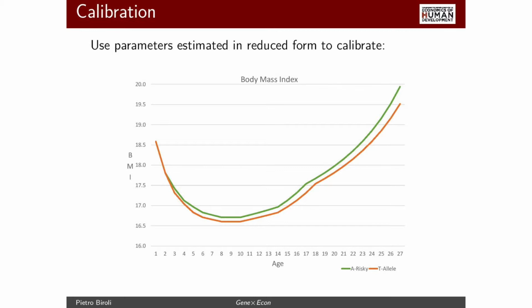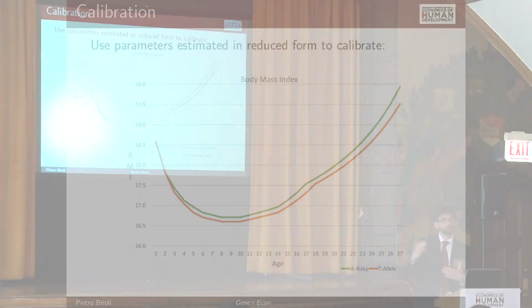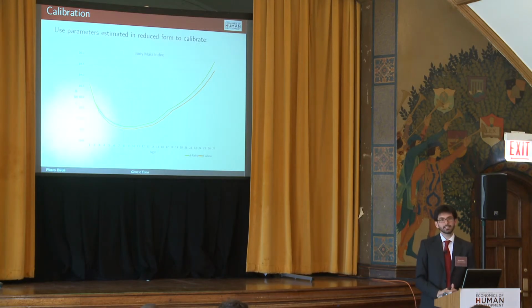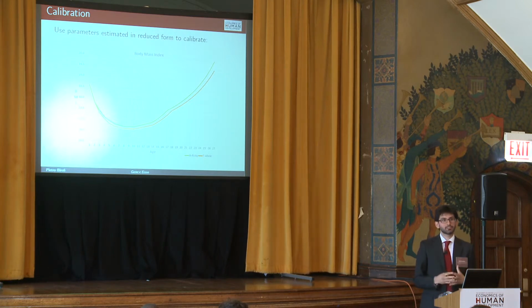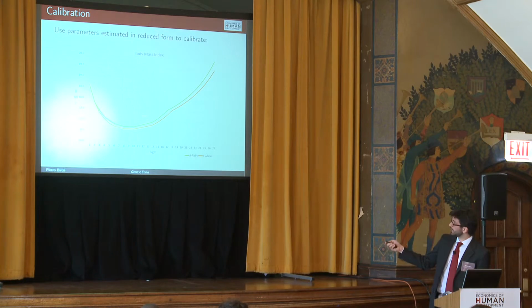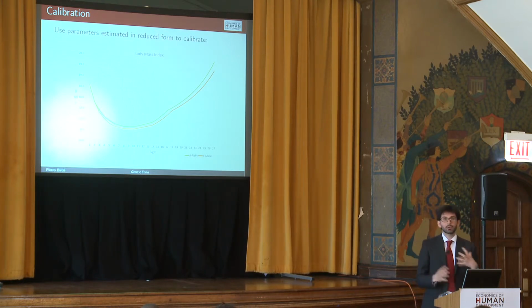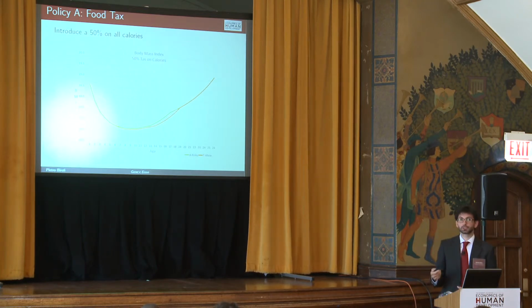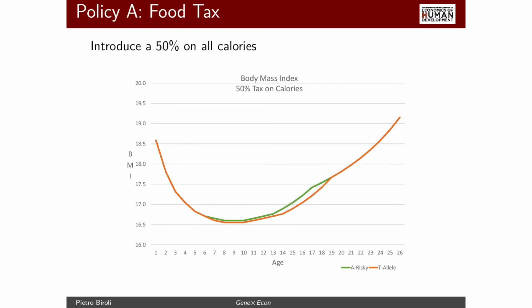We see that at the beginning, in the first years of life, both the children with the risky genotype and the T allele tend to have a similar level of BMI. But as investments change over the life cycle, we see an increased difference in the average BMI between these two genotypes. And now we can consider different policies. For example, something that a lot of people have talked about is to put a food tax.